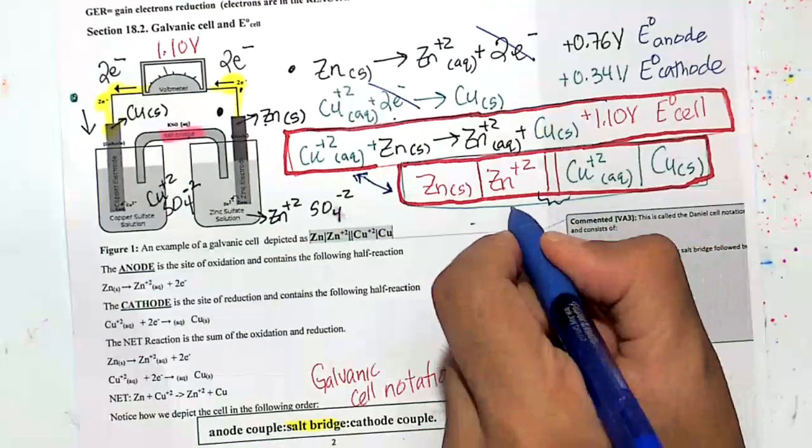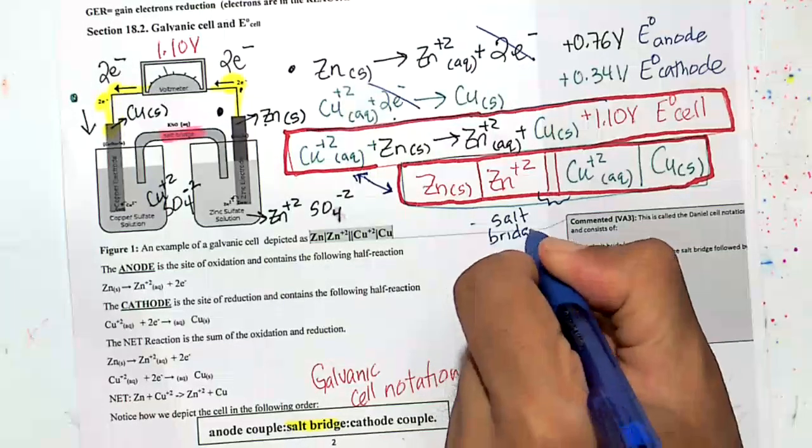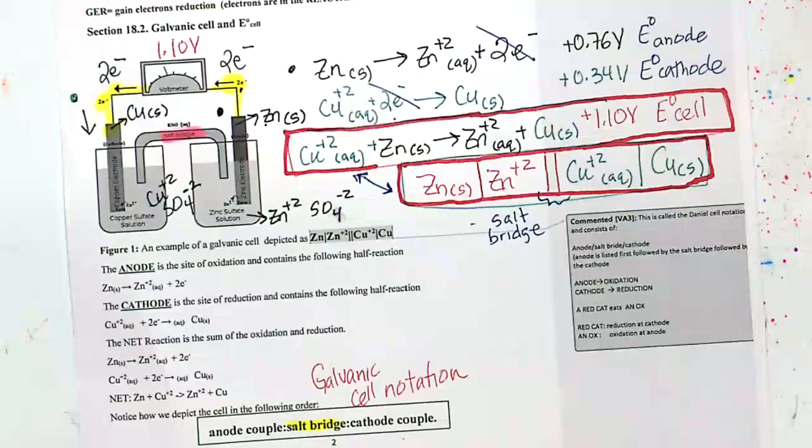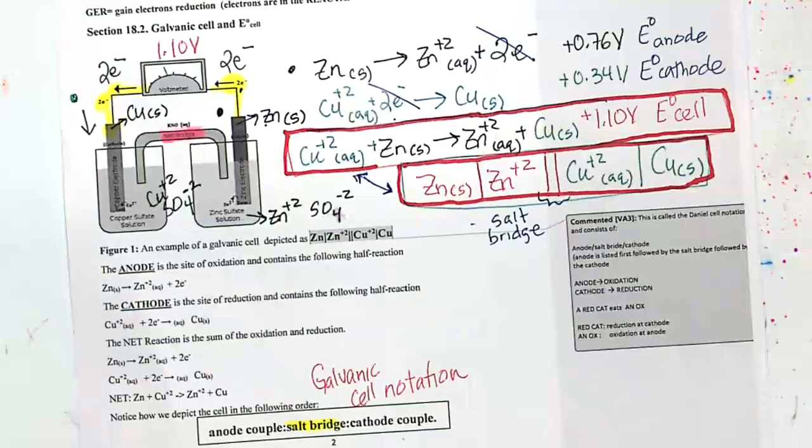These 2 lines represent what is known as the salt bridge, so that there's no accumulation of excess negative or excess positive charge. And then finally the cathode couple. So that is something that we will work on.